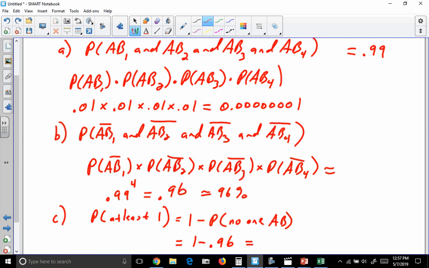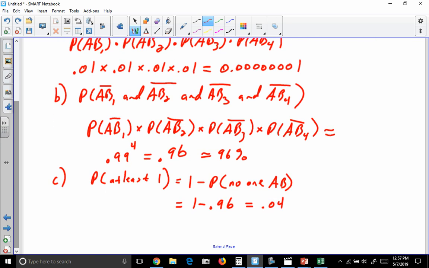So if we subtract those, there is a 4% chance that at least one person in the group has that particular blood type. So one of the points of doing this particular question is noticing the correlation between at least one and none. At least one and none, those are complements of each other. So if we know one of those probabilities, we can get the other one by just doing 1 minus that.